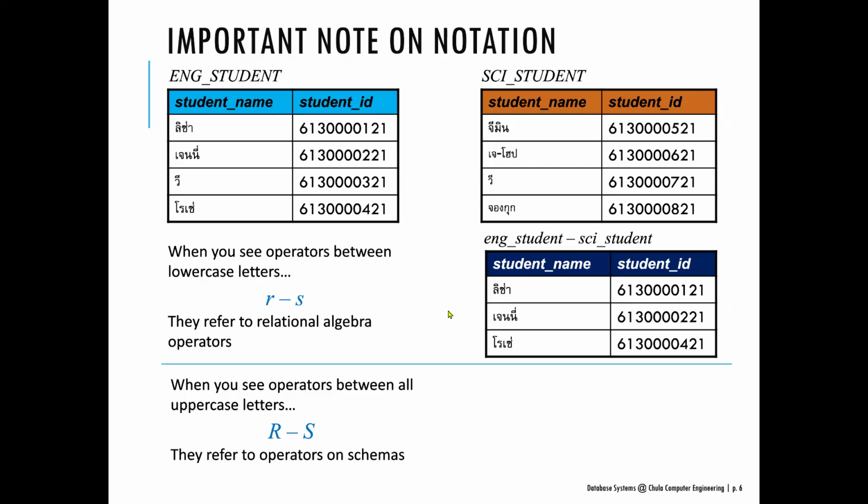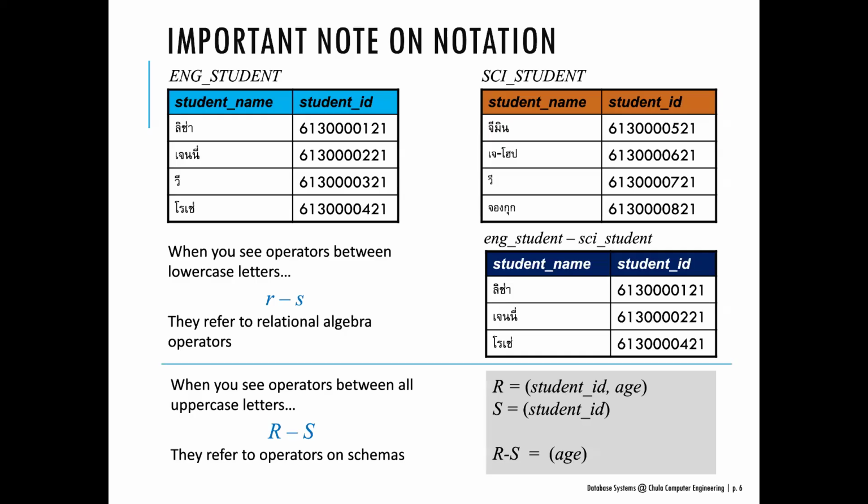However, if I write the operation using uppercase letters, it means that we are going to operate on the schema, not the data. On the schema, or the structure of the relation, rather than the data within it.